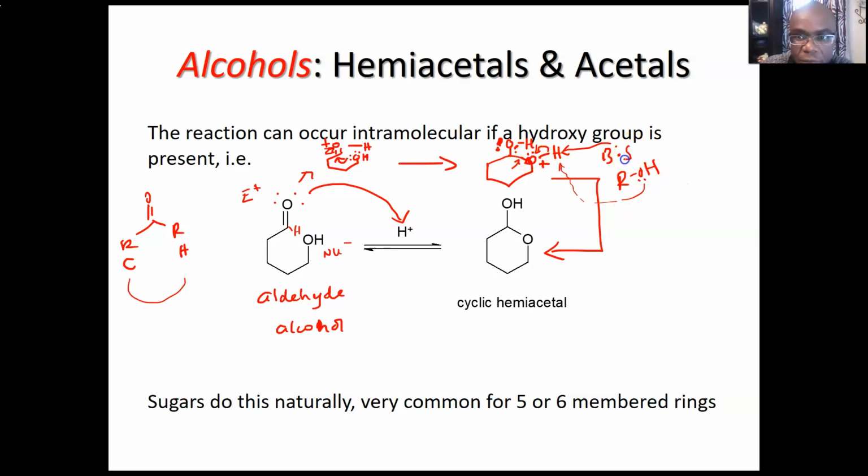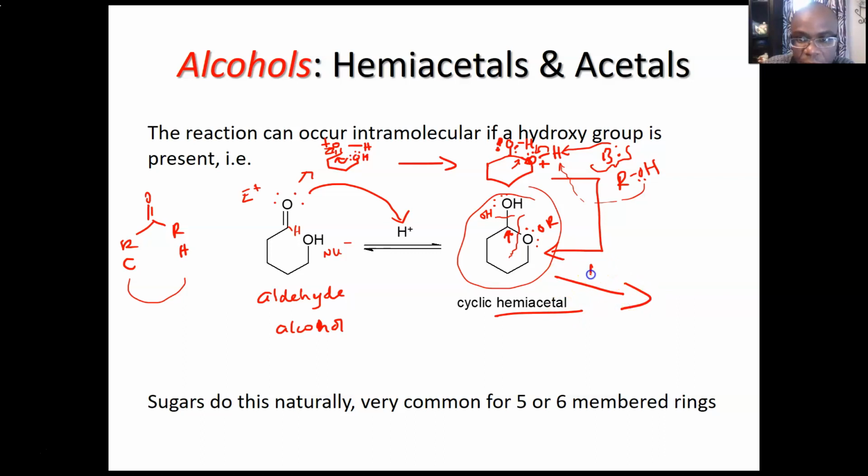So let's just use B generally. It can be water, it can be alcohol. So you're gonna get, once the hydrogen is gone, you're gonna get 2 lone pairs here. There are still 2 lone pairs there, and that's your product. Notice that this side is your OR group and this is a OH group sharing the same carbon, so it's a hemiacetal.